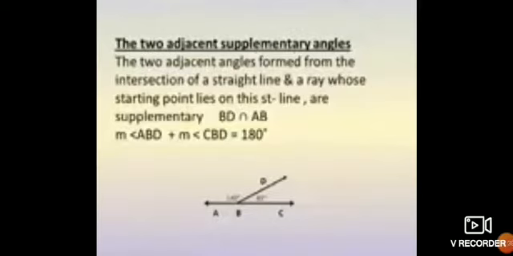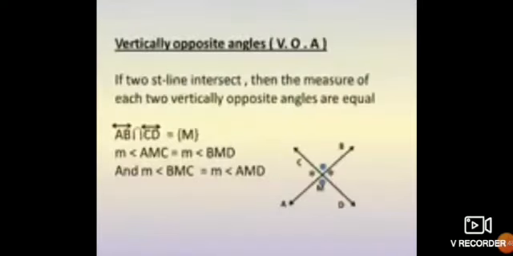BD intersects AB at point D, and you find the measure of angle ABD plus the measure of angle CBD equals 180. Their measure is 180.